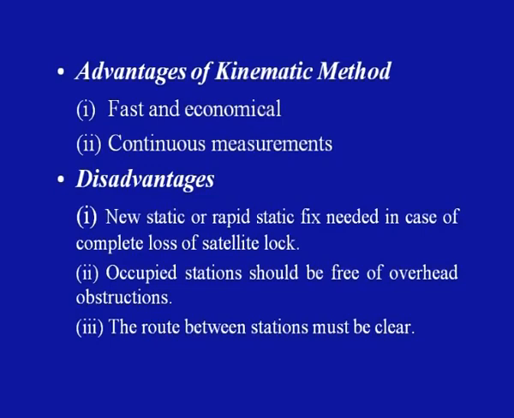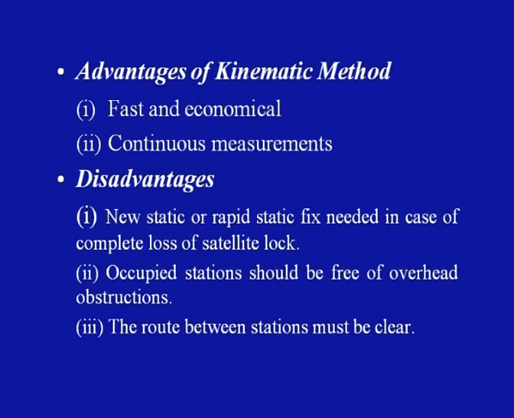Advantages of the kinematic method is that it is fast and economical and provides continuous measurements along a line or a chain. However, there are some disadvantages, that is, it requires a static fix with a continuous chain of satellites. In case of break or loss of signal, a new static or a rapid static fix is required.